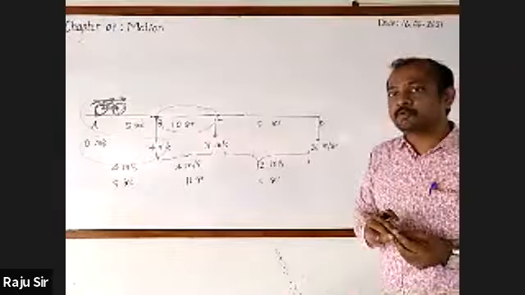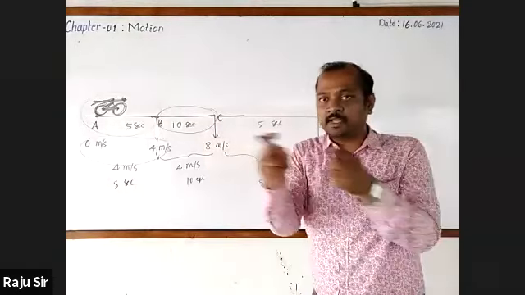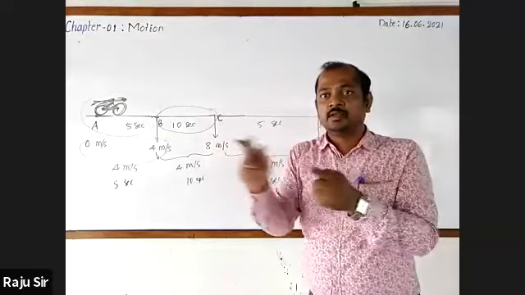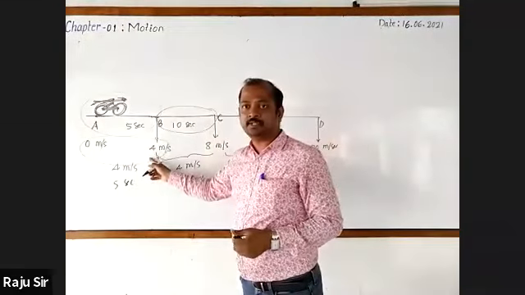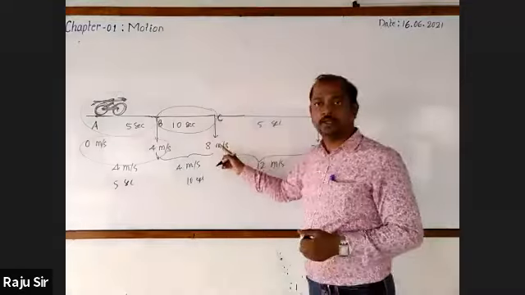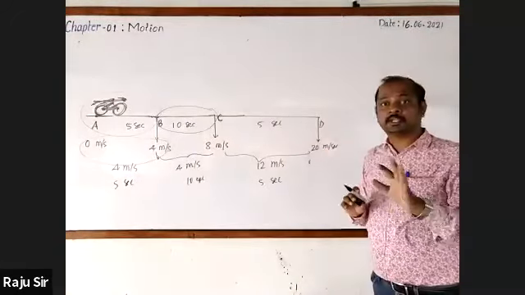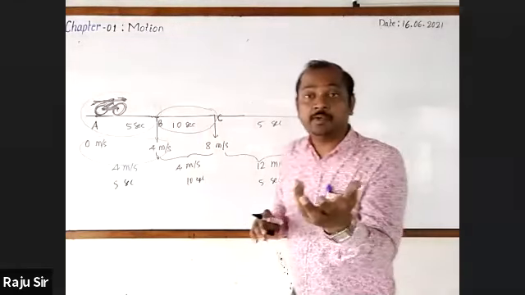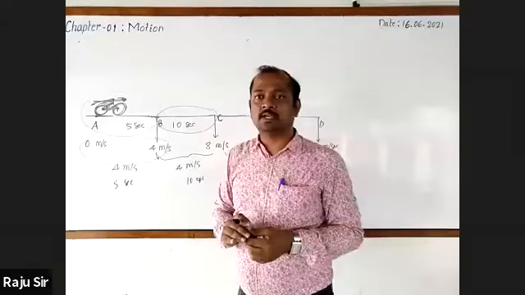Now, let us go for finding the change in velocity in unit time. The velocity has changed from 0 meter per second to 4 meter per second, 4 meter per second to 8 meter per second, 8 meter per second to 20 meter per second. If this change is to be calculated for 1 unit, that is, in 1 second, how much change happens?